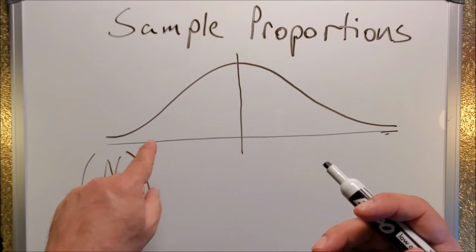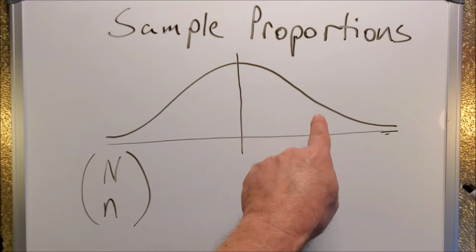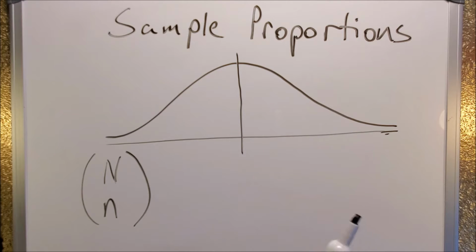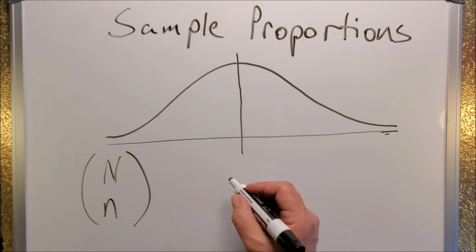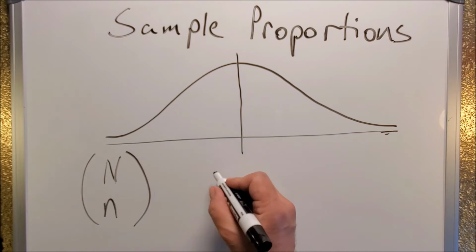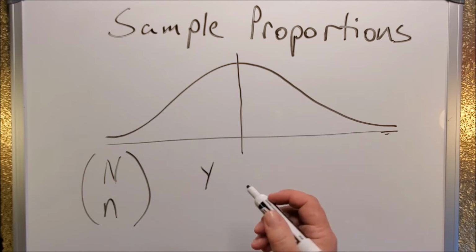And those sample results will form a normal curve. But what are those sample results? We're talking about sample proportions now. So when we're talking about sample proportions, we're really talking about binomial decisions.